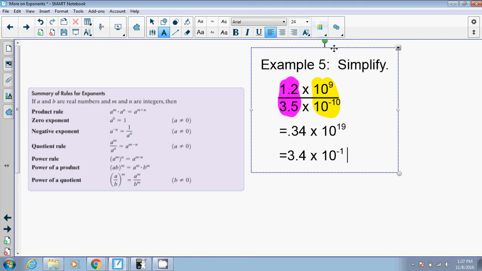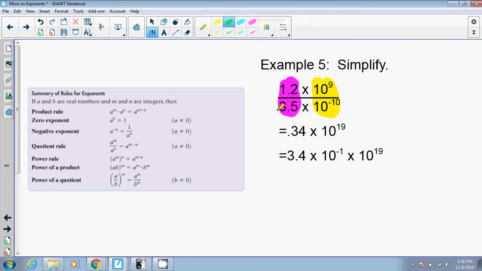But then I also have my times 10 to the 19th power in there. So again, to make sure this is 100% clear, the 0.34 is the same thing as 3.4 times 10 to the negative first, just notation. And then the 10 to the 19th just kind of came down.